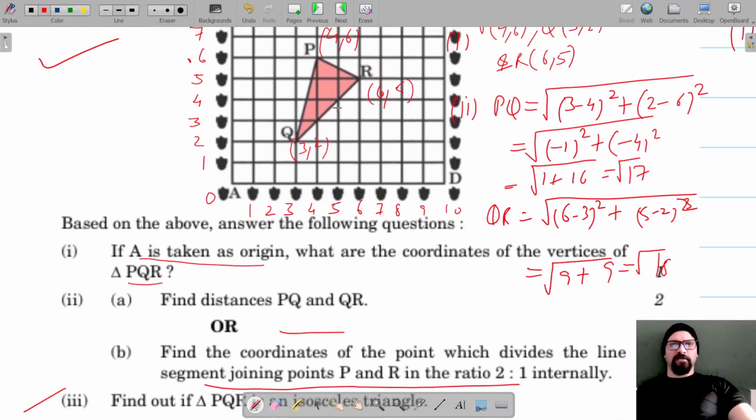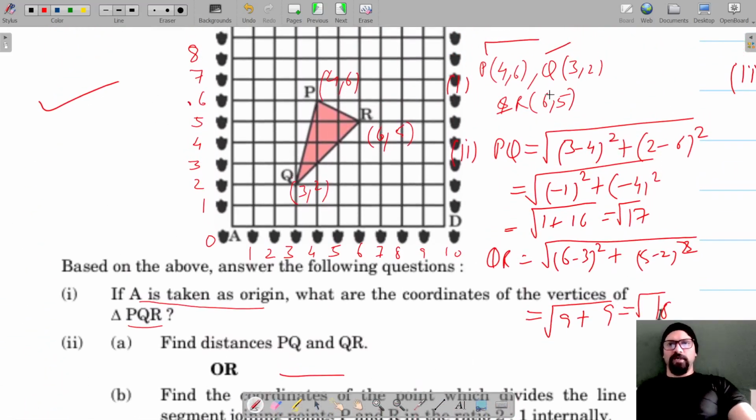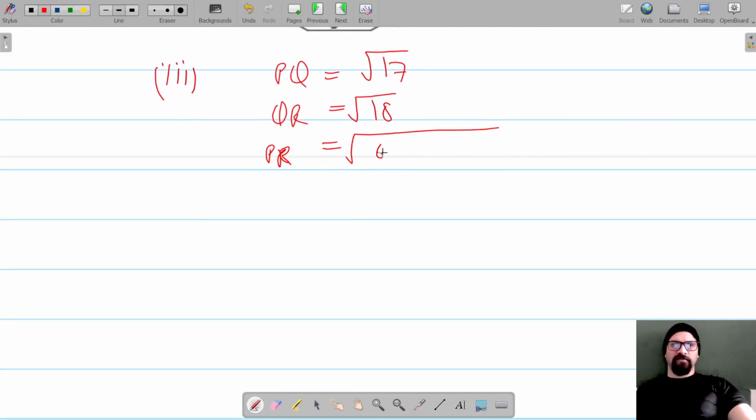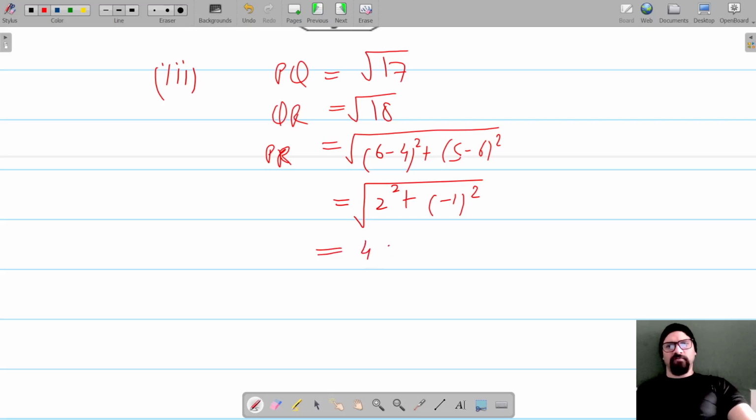So PR is 6 minus 4 and 5 minus 6. So (6 minus 4) the whole square plus (5 minus 6) the whole square. So 6 minus 4 is 2, squared, and 5 minus 6 is negative 1, squared. So this is 4 plus 1, which is root 5.